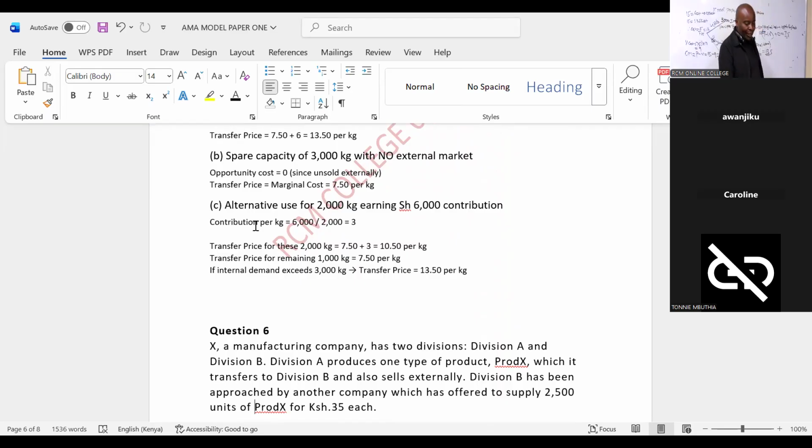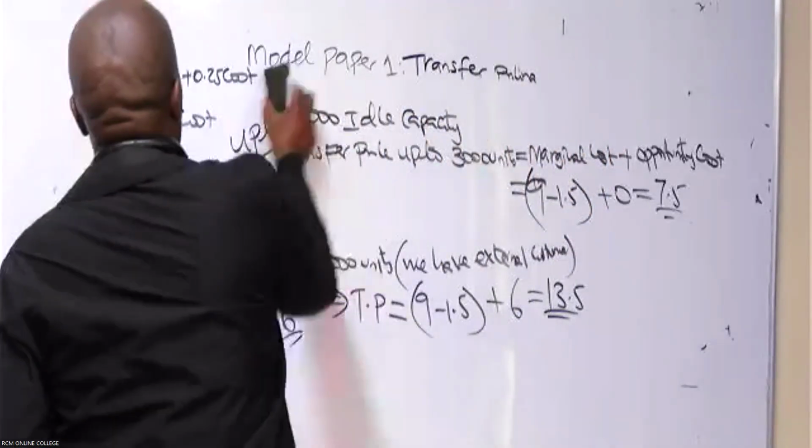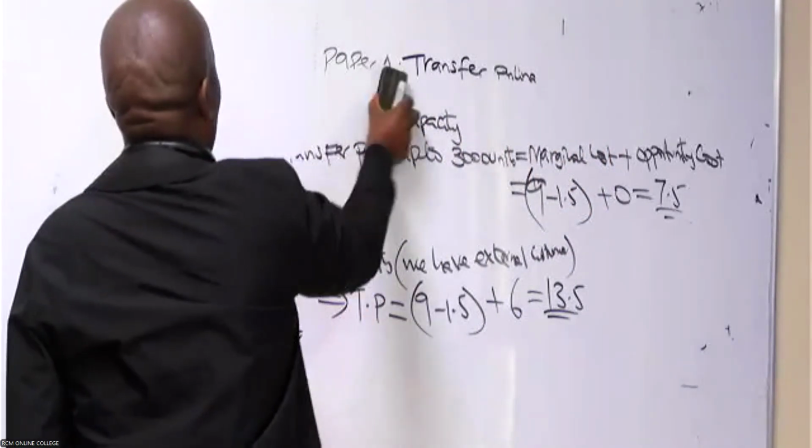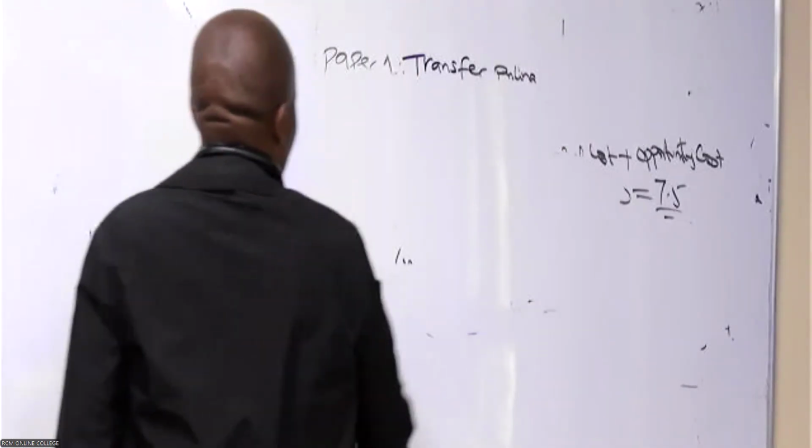So you can see in this particular case, the alternative use for 2,000 kilograms earns 6,000 contribution. So the contribution or profit per kilogram will be 3. Then what will the optimal transfer price be? Remember the formula, this is really easy.